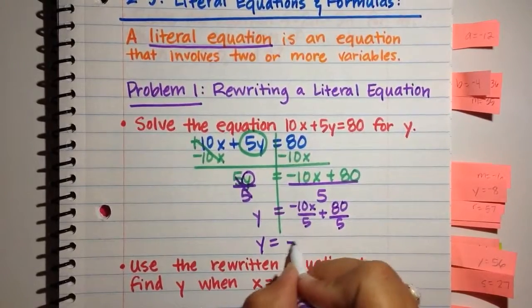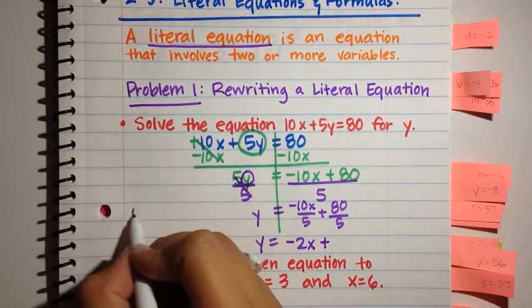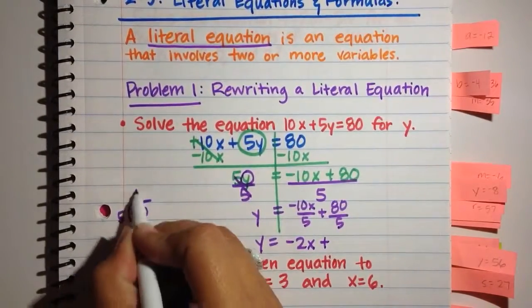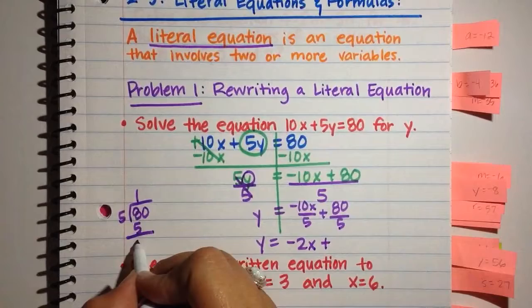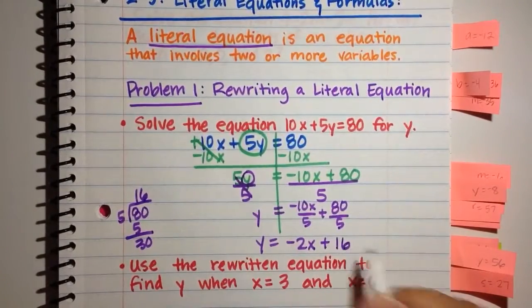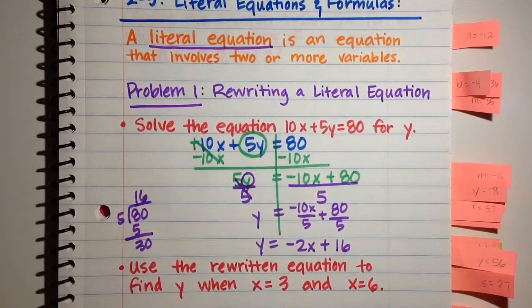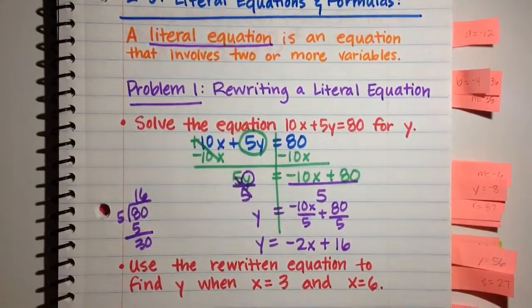Negative 10 divided by 5 is negative 2x plus 80 divided by 5 is 16, right? So when we solve for y, we get y is equal to negative 2x plus 16.